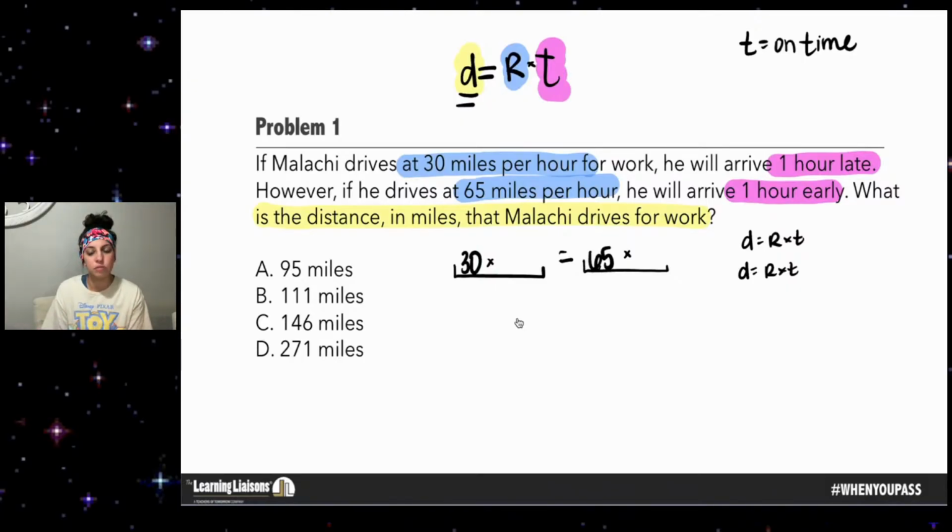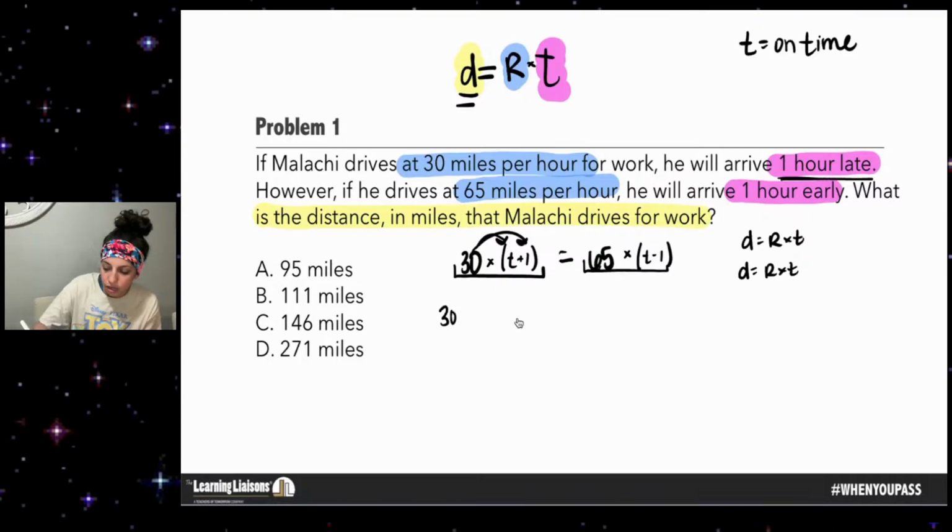T is on time. So if he goes 30 miles an hour, he will arrive 1 hour late. So that is going to be T plus 1, because I'm 1 hour past my on time. And if he drives 65 miles per hour, it's 1 hour early. Now let's solve this. I'm going to distribute this.